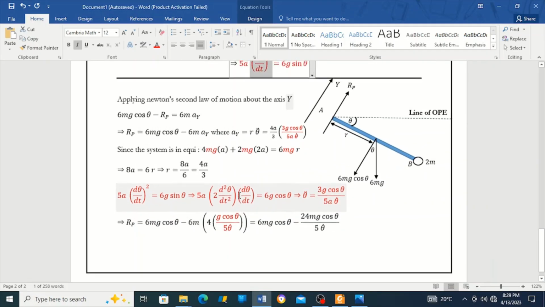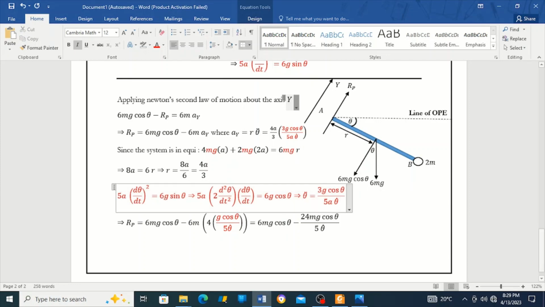Alright, so okay, I've seen where we made a mistake. We differentiated something and we forgot to attach theta dot as well, which is a common mistake that we always make. When we differentiate sine theta, we need to attach theta dot, because this theta here is not in terms of t. So when we differentiate sine theta, we need to attach theta by dt.